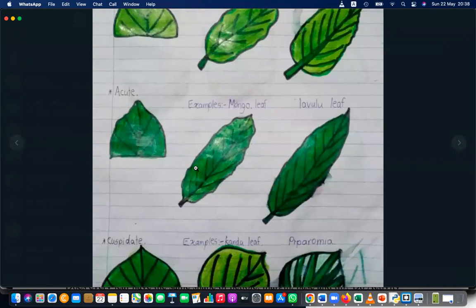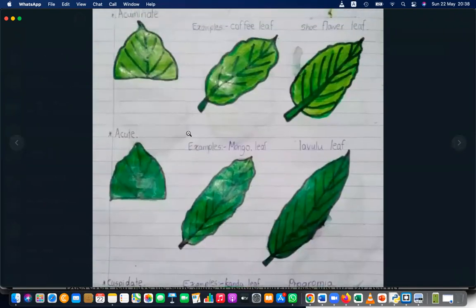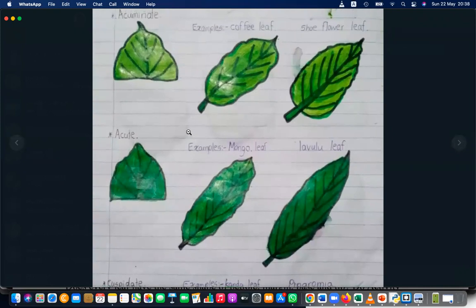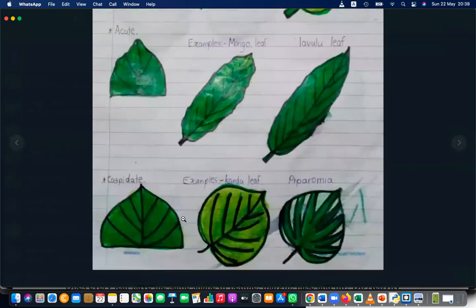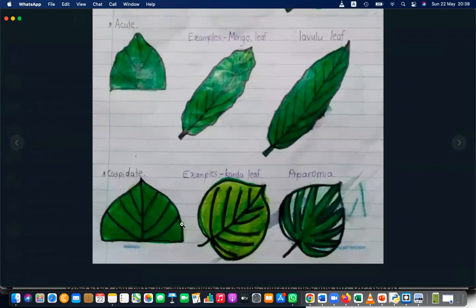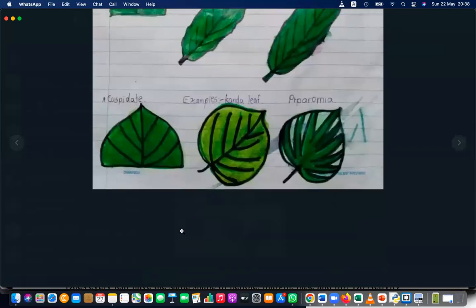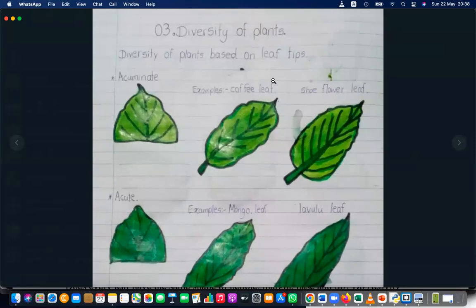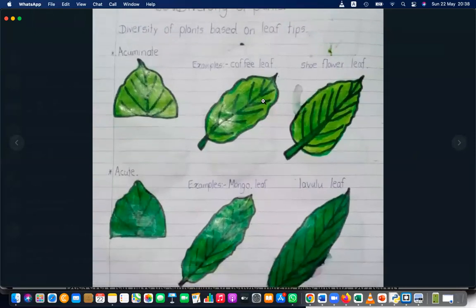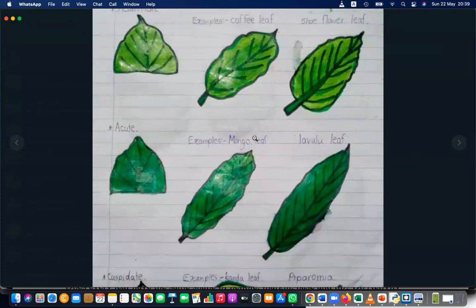Acute. Coffee leaf: I'm not sure whether the coffee leaf is acute or acuminate. Maybe I'm confusing it with the mango leaves.